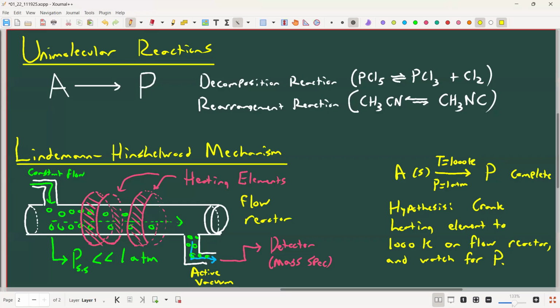All right. So we have some decisions to make. You've got to crank the temperature, but you also have to set the pressure. We're going to say it's far, far less than atmosphere.